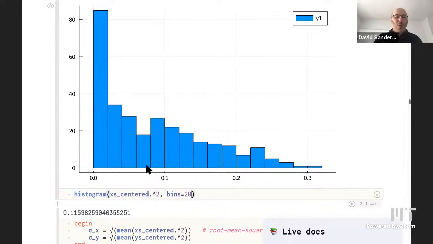So why do we square these numbers? Well, basically, it's a way of giving, I was going to say giving less weight to the larger values, but actually maybe it's giving more weight to the larger values. Anyway, it's just a different way of giving weight to how far things are away from the origin.